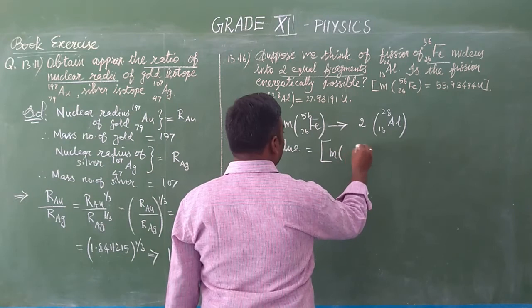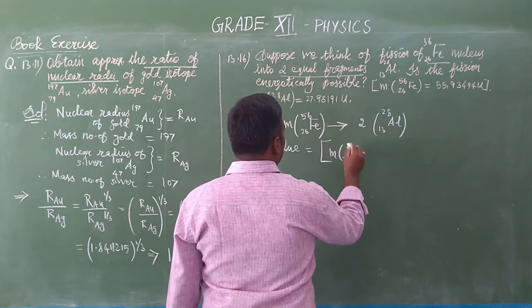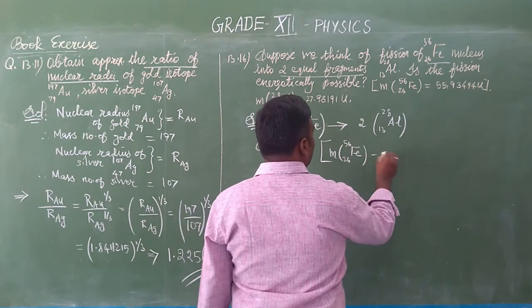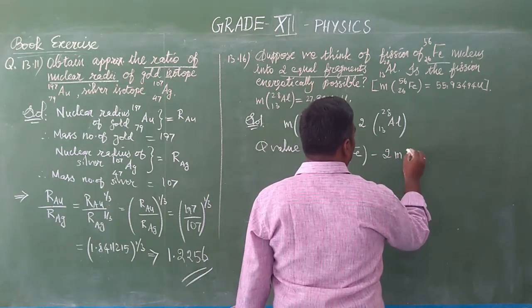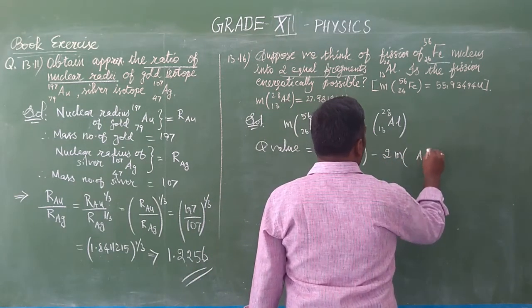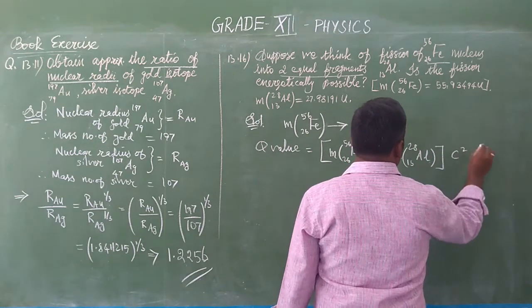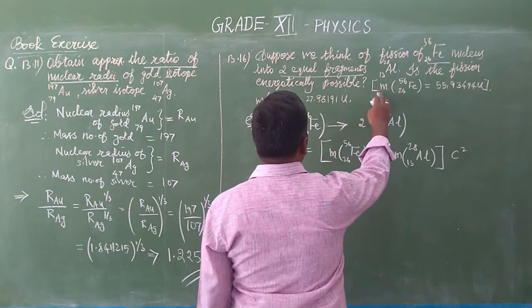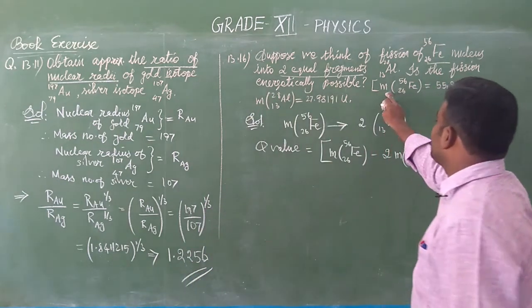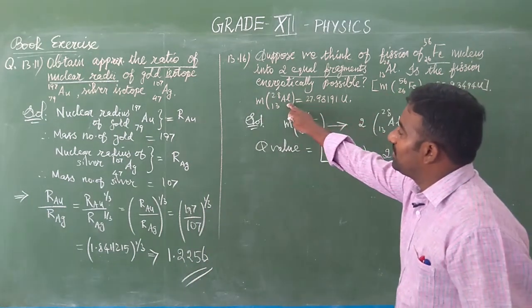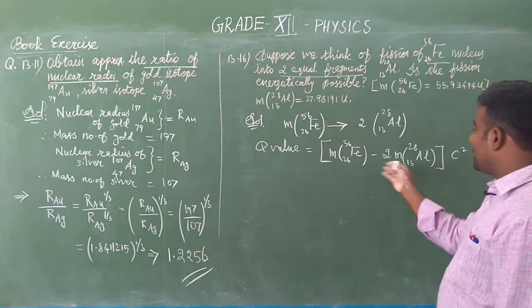So the mass of iron minus the two fragments, 2 into the mass of aluminium 13 28, then c square. And the question itself gives the atomic mass of iron as well as the atomic mass of aluminium. So directly we can substitute.